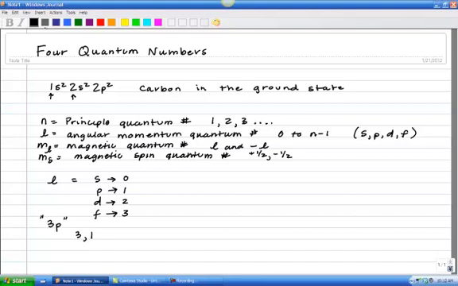Then I also know m sub L, because when we do the orbital diagram, that's the pictures with the boxes, I know that S has one box. P is a triple box. D is something with 5 boxes.